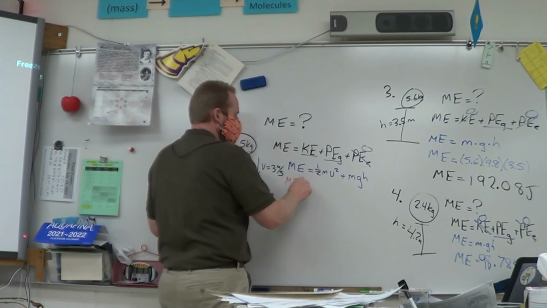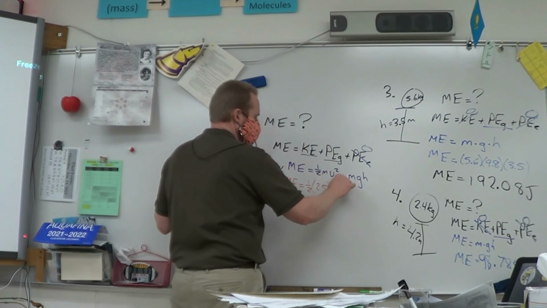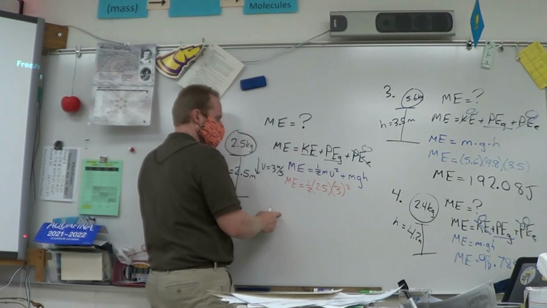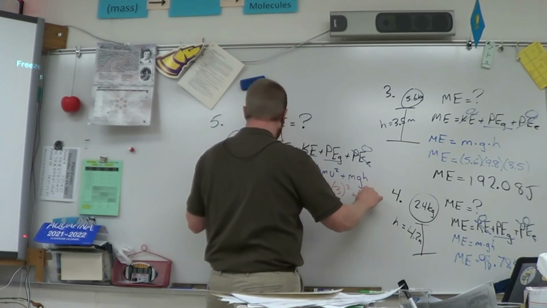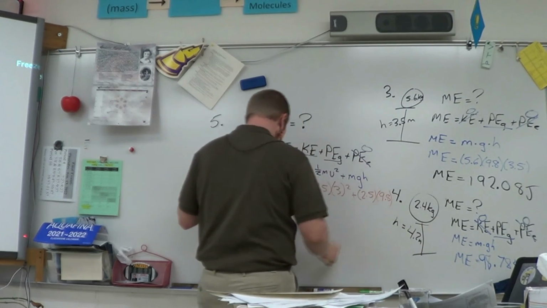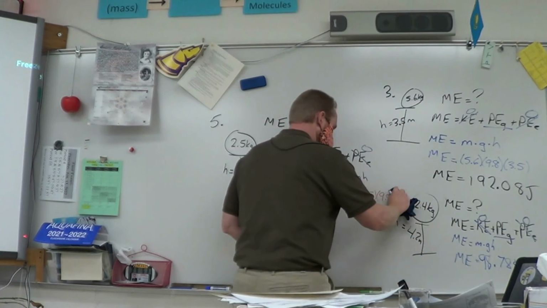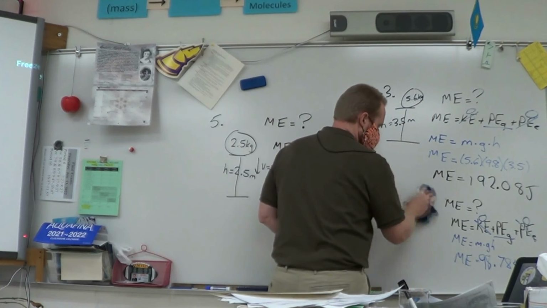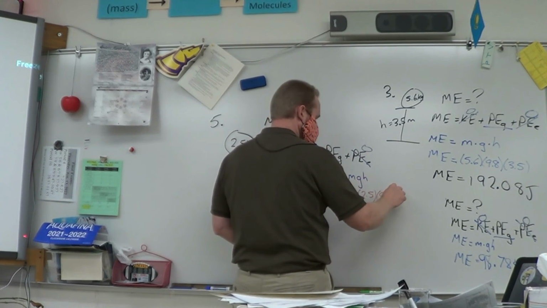So ME is equal to 1/2 the mass of 2.5 times the velocity of 3 squared, plus our mass of 2.5 times 9.8 times our h, which is also 2.5.